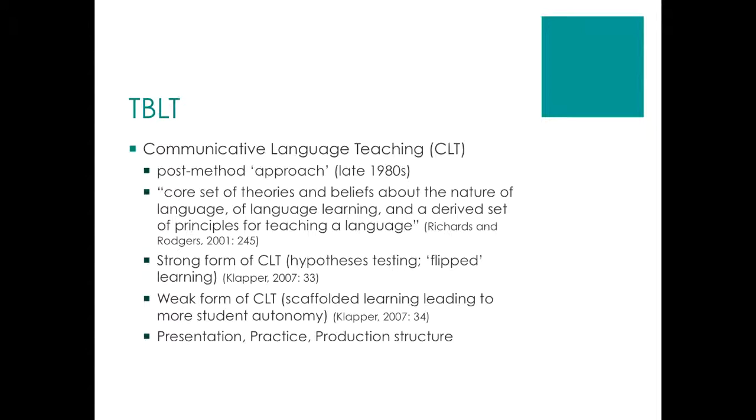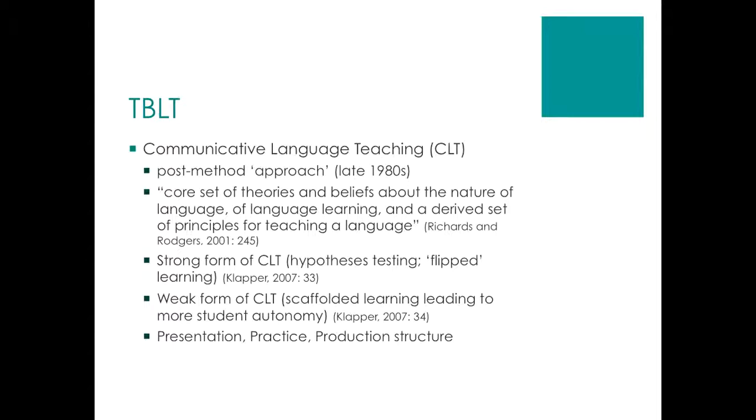There are, or we can imagine there to be, a sliding scale of communicative language teaching approaches. In strong forms of communicative language teaching, students are encouraged to test hypotheses. This is very similar to contemporary education's concept of a flipped teaching environment or a flipped classroom, where the power is given to the student and the teacher is there to help construct the environment and the context for learning and discovery.